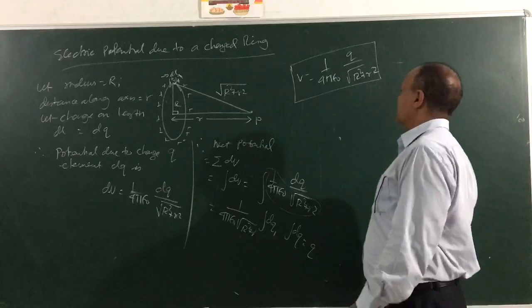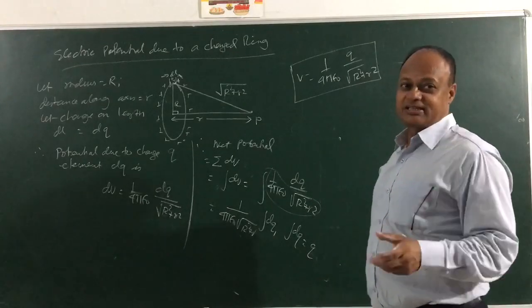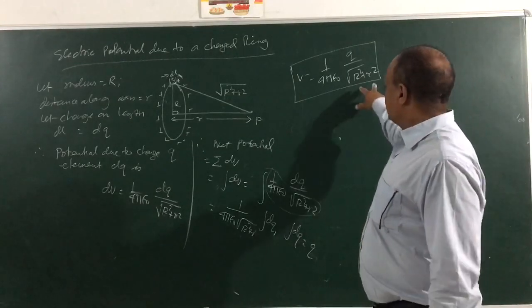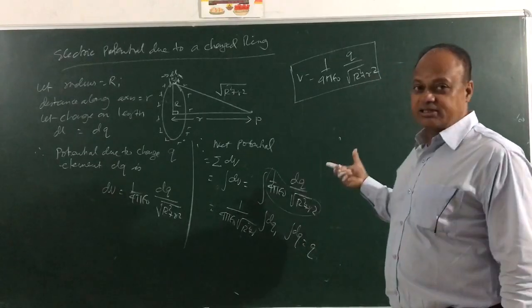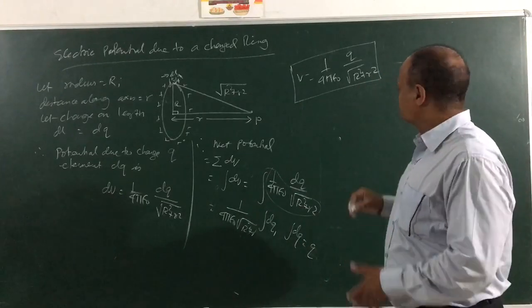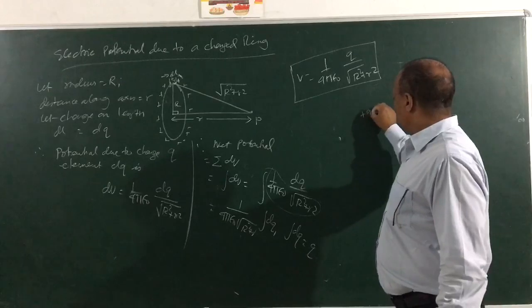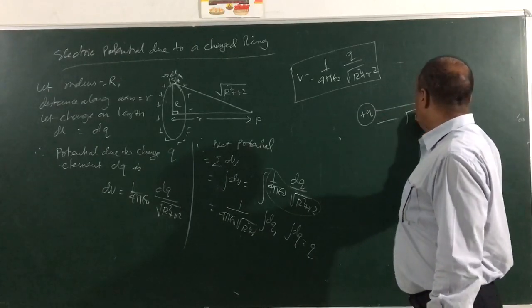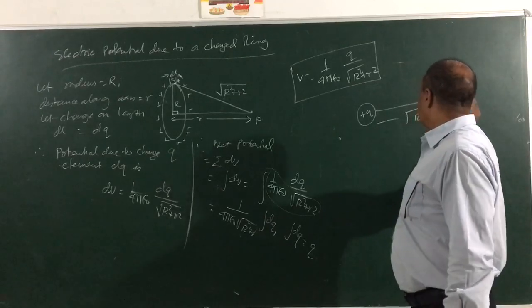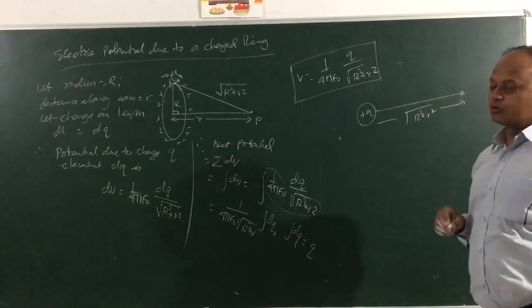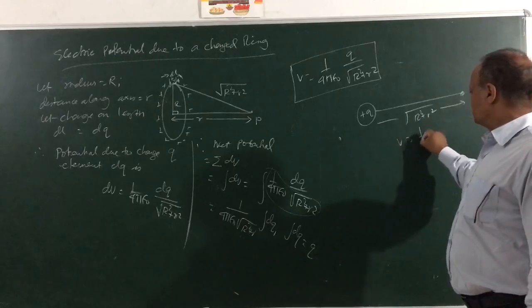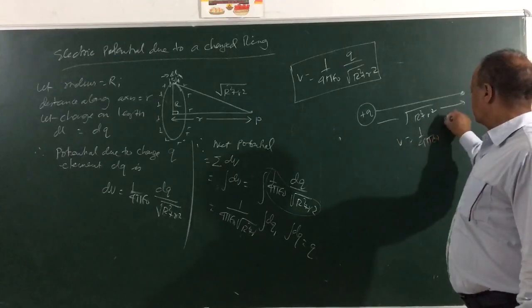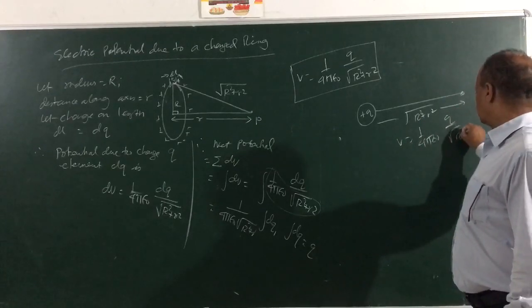So this is in fact a very interesting case. We can consider this problem as if we have a point charge Q and I want to find the potential at a distance root over R square plus small r square, which will be V equal to 1 by 4 pi epsilon 0, Q by root over R square plus small r square.